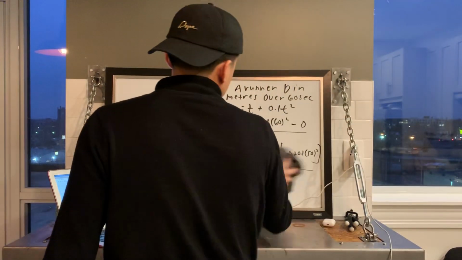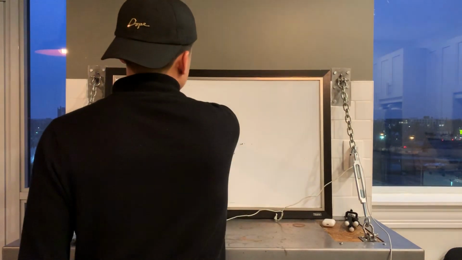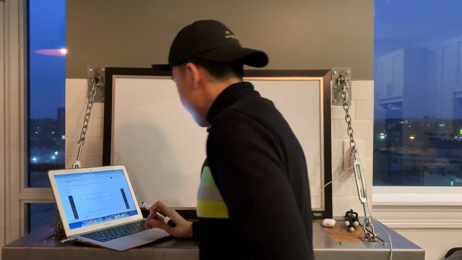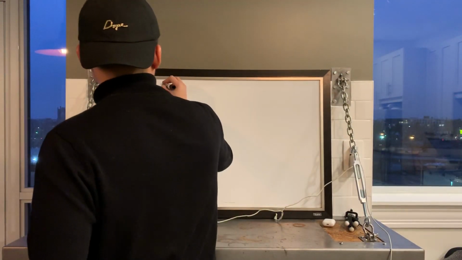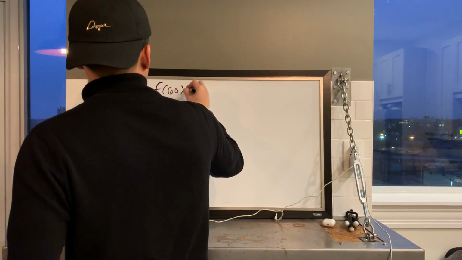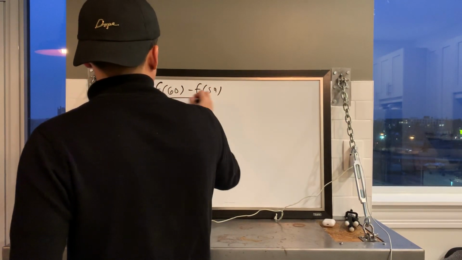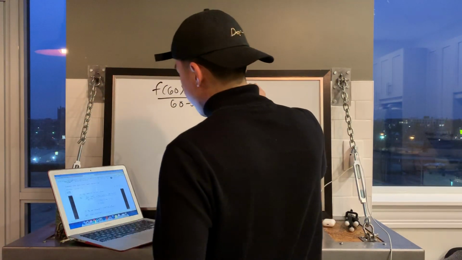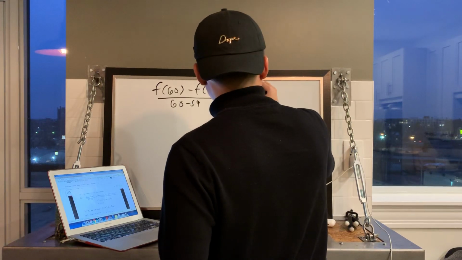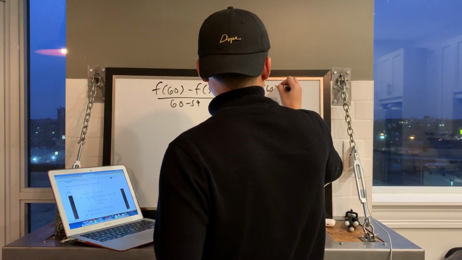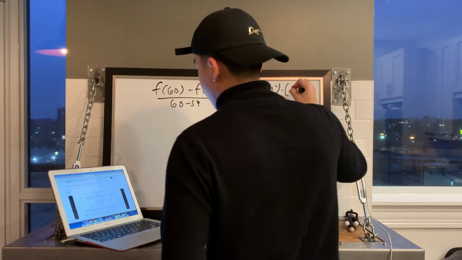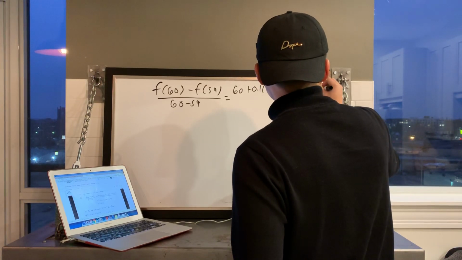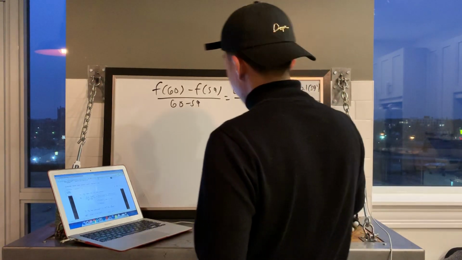For the last 1 second, all we do is sub in the values 60 and 59. f of 60 minus f of 59 all over 60 minus 59, which equals 60 plus 0.1 times 60 squared minus 59 plus 0.1 times 59 squared, all over 1.